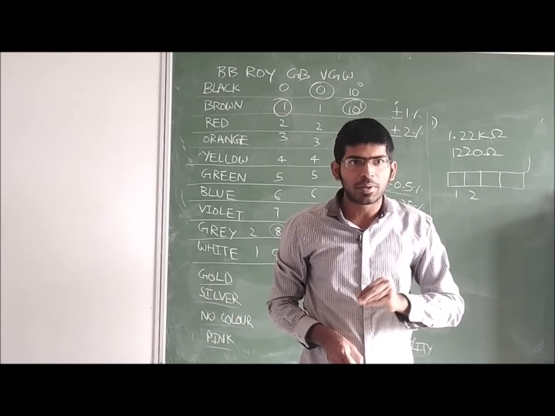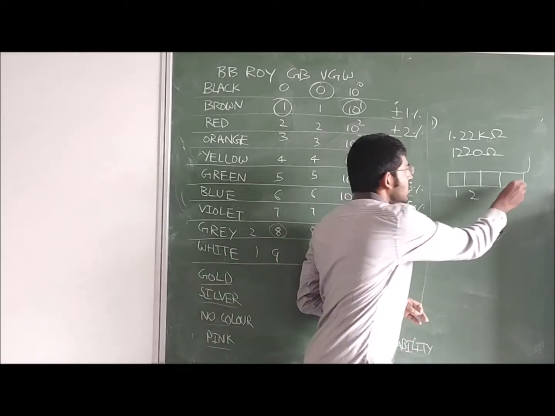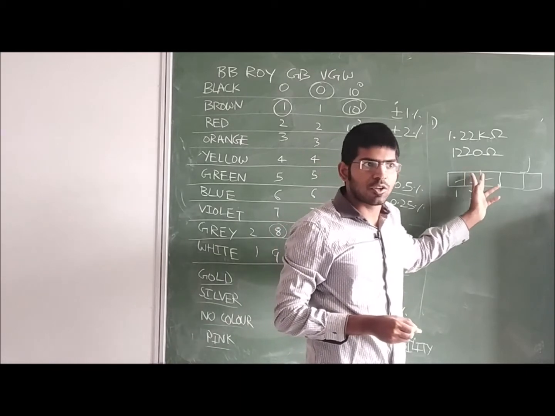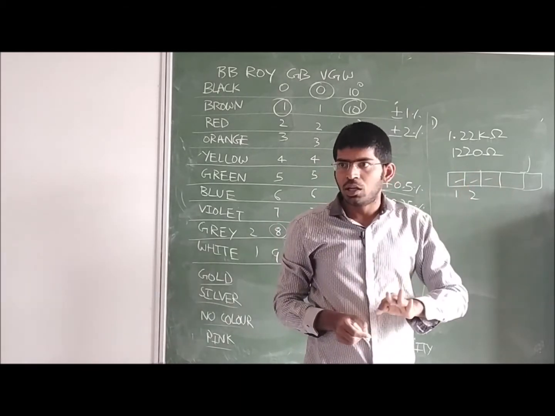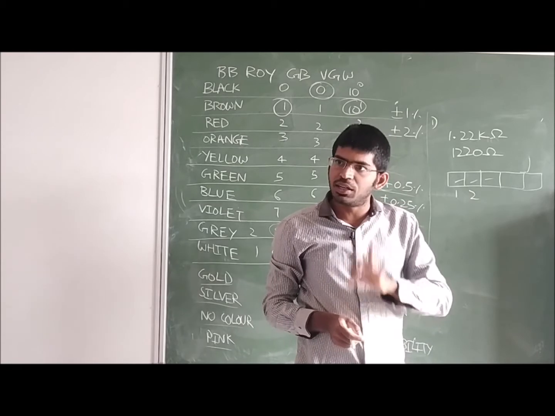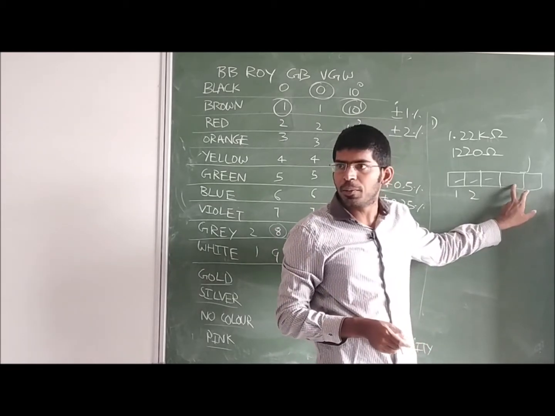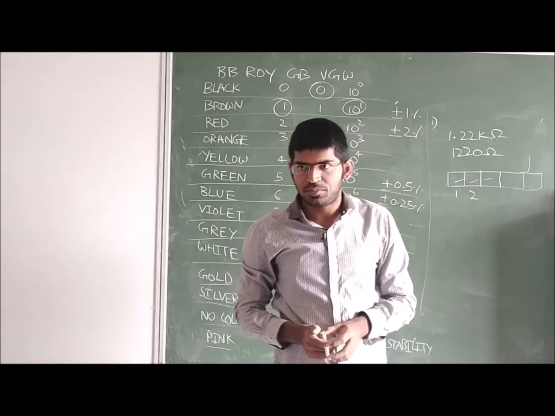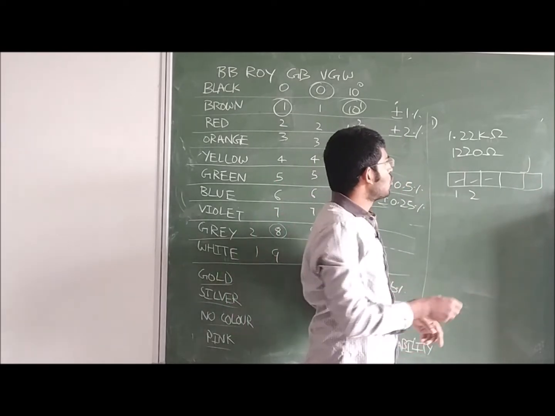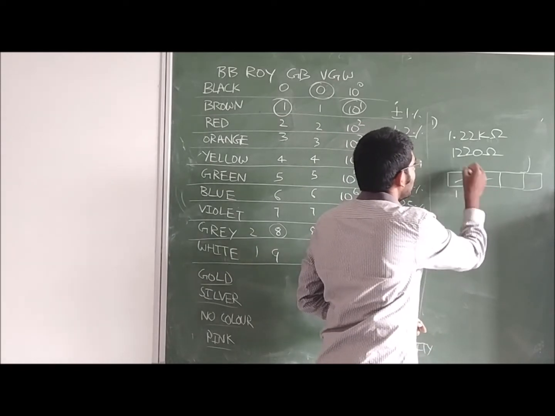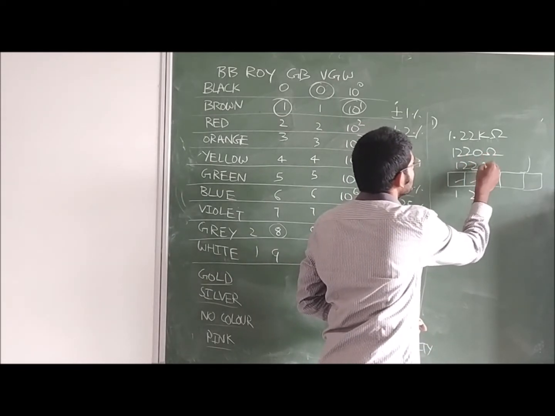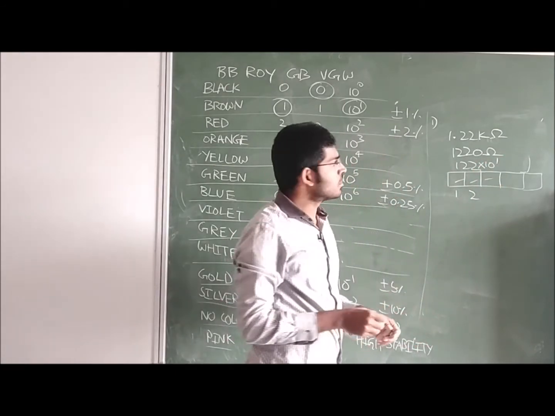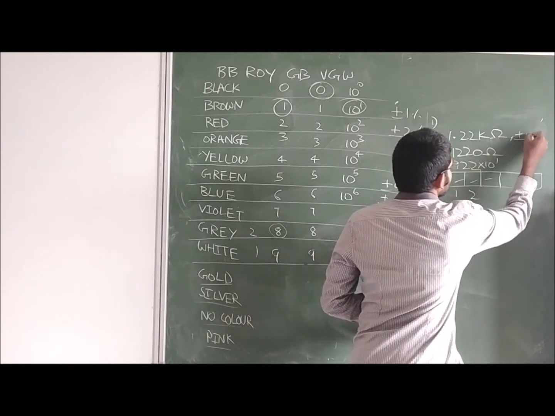In this 5 color band method, we use the first 3 digits. For representing these first three digits, we use three color bands. So the first three color bands denote the three digits, the fourth color band indicates the multiplier, and the fifth color band indicates the tolerance. Now 1.22 kilo ohms, we can write as 122 into 10 to the power 1 with tolerance plus or minus 10%.